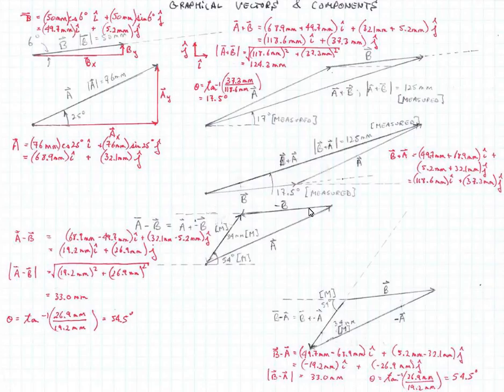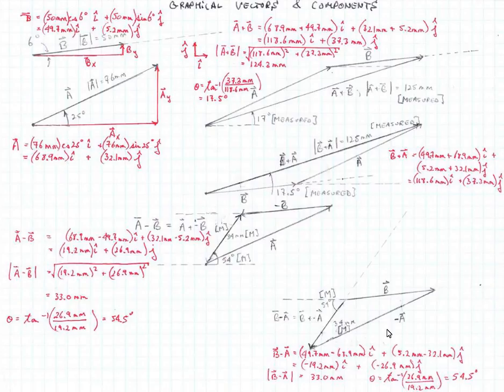So the negative of B, if you look at B up here, and negative B is the vector that is the same length as B, but anti-parallel to it. So it's pointing the opposite direction. And so here's A redrawn, and here's minus B. This vector right here, from the beginning of A to the end of minus B is A minus B.